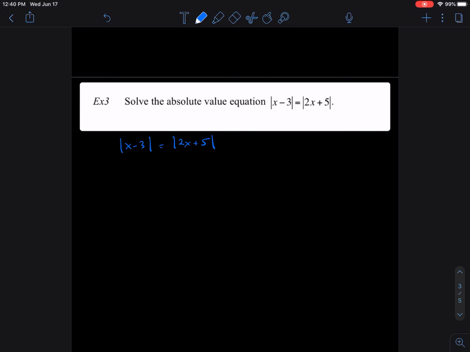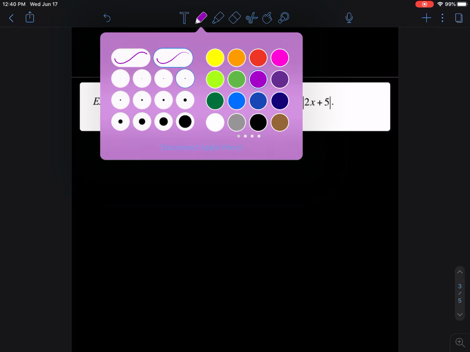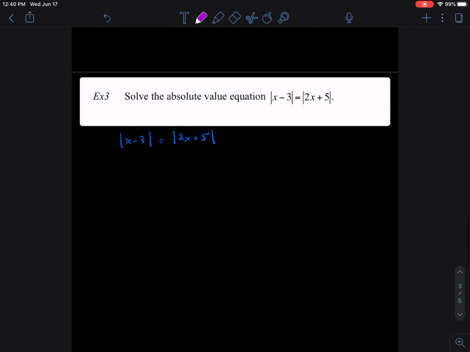Whatever x has to be, by plugging x into both sides, this left side, x minus 3, can turn out to be positive or negative. And over here, the x plus 5 can turn out to be a positive number or negative number.